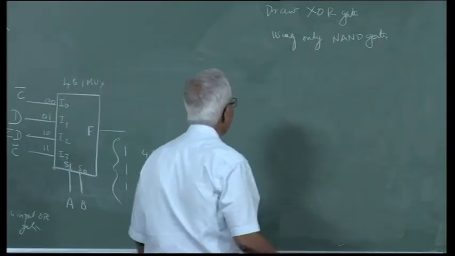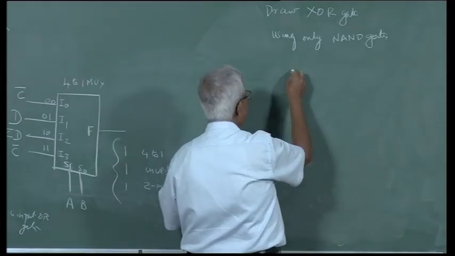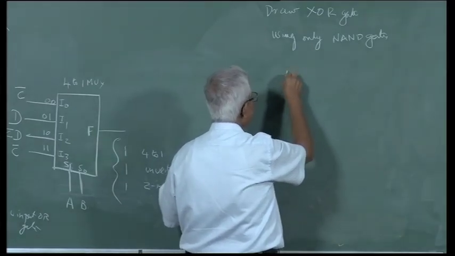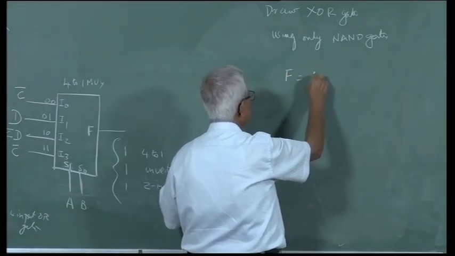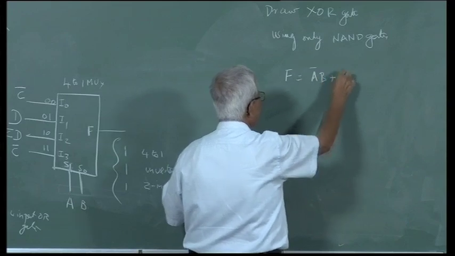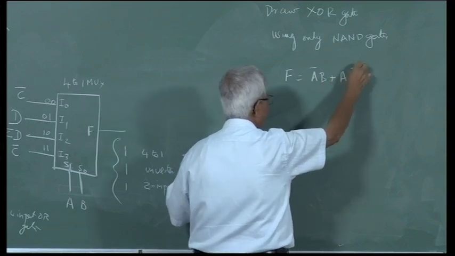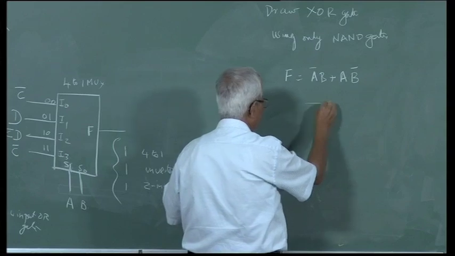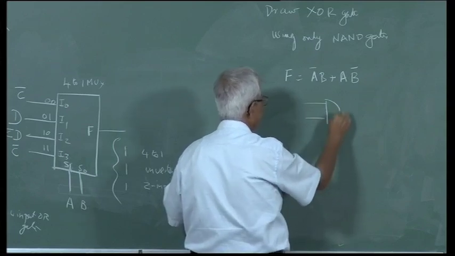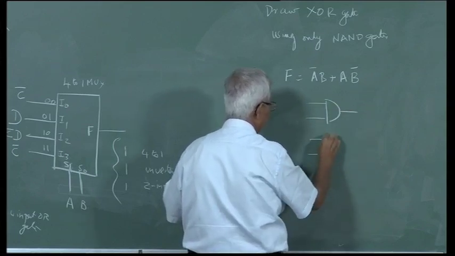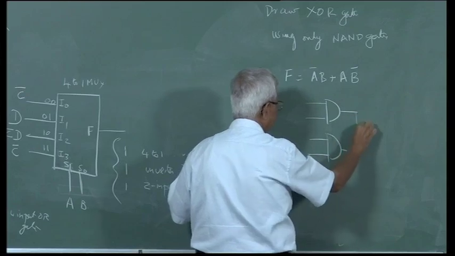Okay, I will do it. An XOR is A bar B plus AB bar. So I have 2 input AND gates, 2 of them, connected to an OR gate.